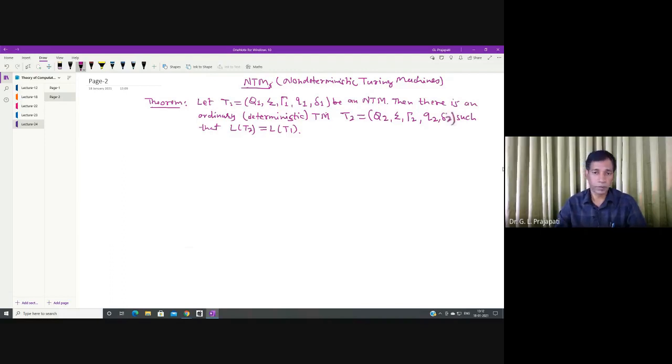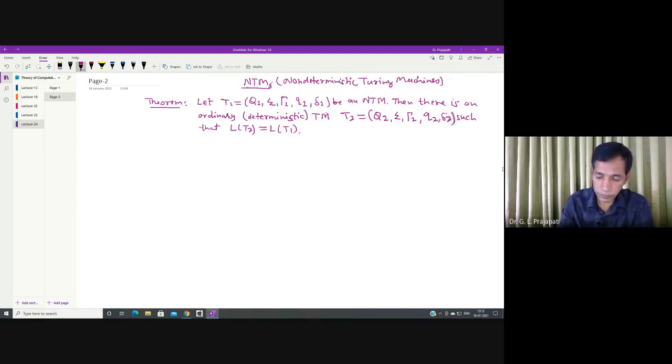So this theorem says that the Turing machine, even in its basic form, is much more powerful, and it is so powerful that you are not able to add more power to the basic Turing machine, even with non-determinism. So the Turing machine itself is a much more powerful model of computation.